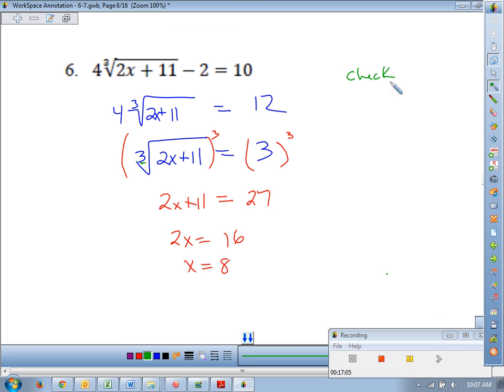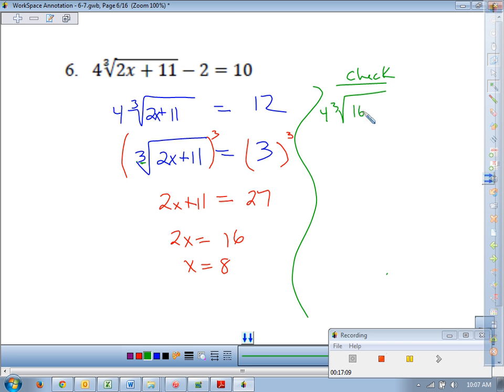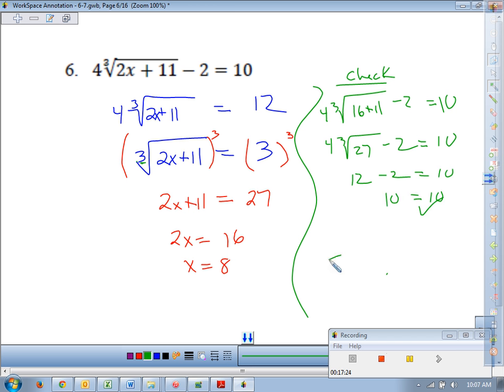Check. 4 times the cube root of 16 plus 11 minus 2 equals 10. That'd be 4 times the cube root of 27 minus 2 equals 10. That's 3 times 4 is 12 minus 2 equals 10. 10 equals 10. Check. 8 is our solution.